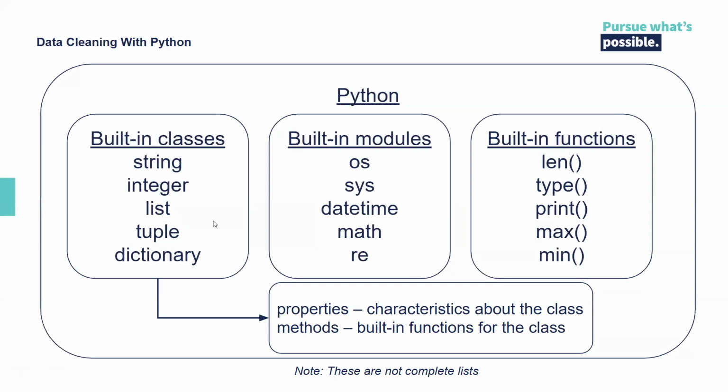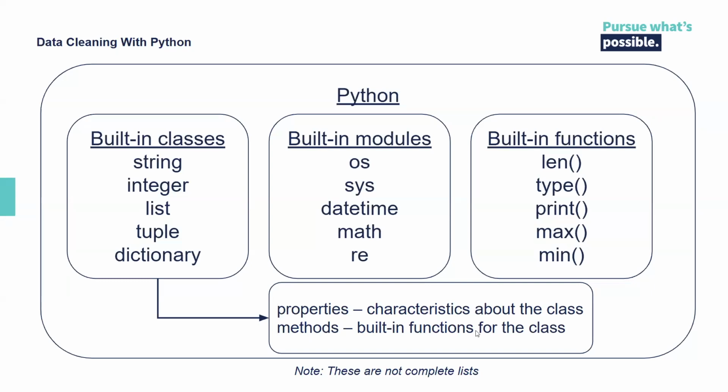Now, going back to classes here, we have things like strings, integers, lists, tuples, dictionaries, and there's tons and tons of other ones. But all of your classes are going to have two important things associated with them. They're going to have properties, which are characteristics about the objects in this class. So the length of them, maybe what their size is, where they're located on your machine, and things like that.